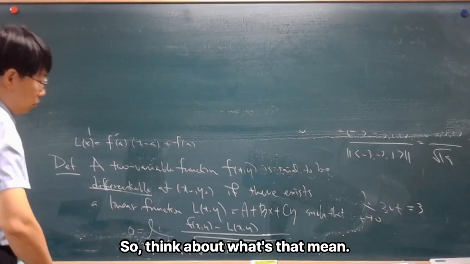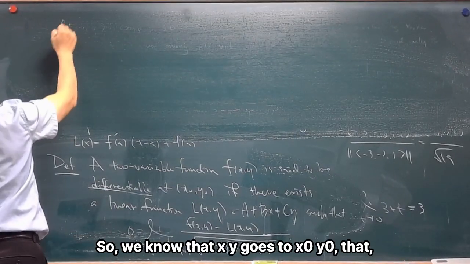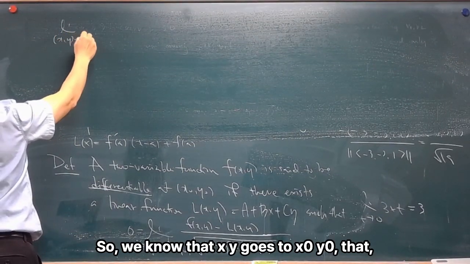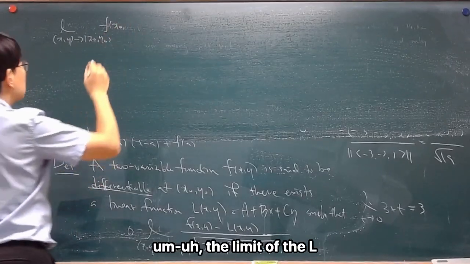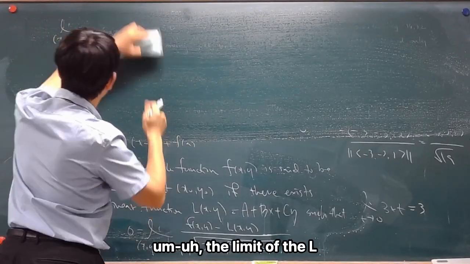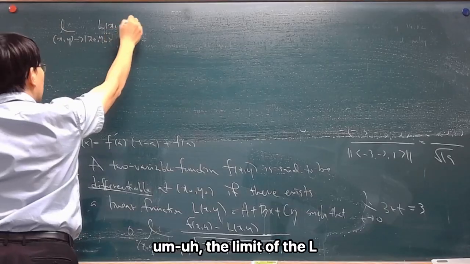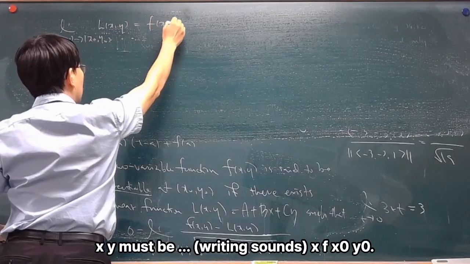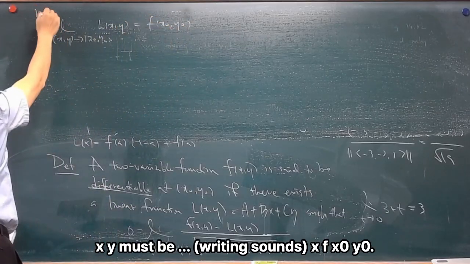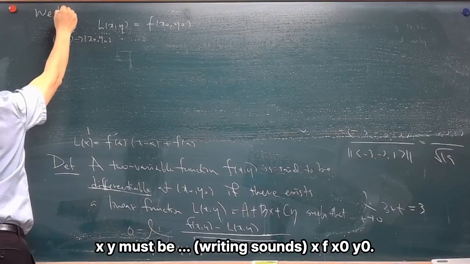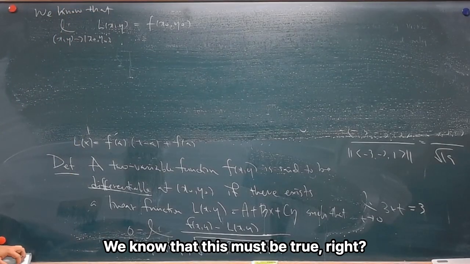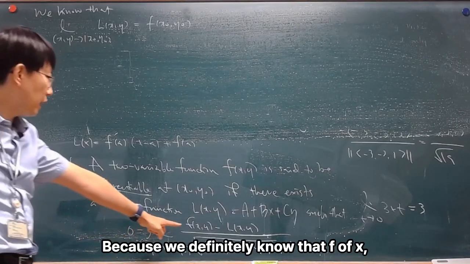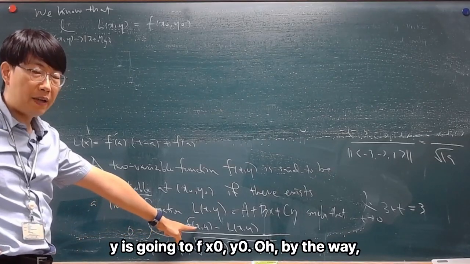So think about what that means. We know that as x, y goes to x0, y0, the limit of L of x, y must be f of x0, y0. We know that this must be true, right? Because we definitely know that f of x, y is going to f of x0, y0.